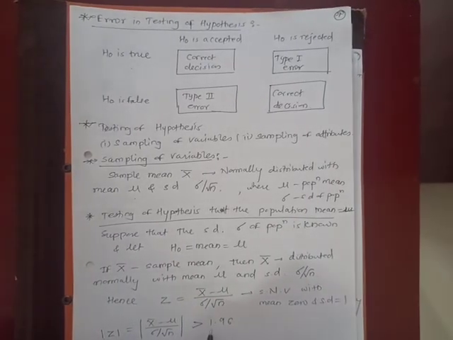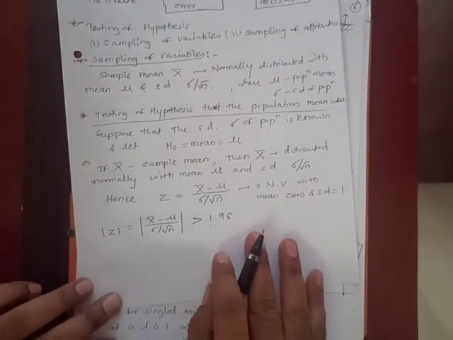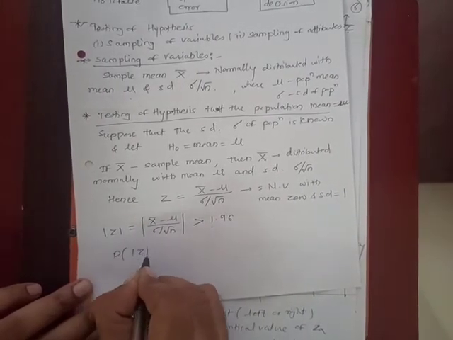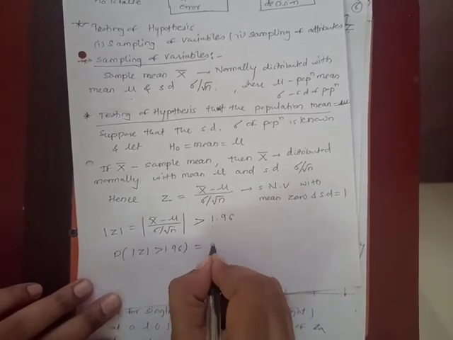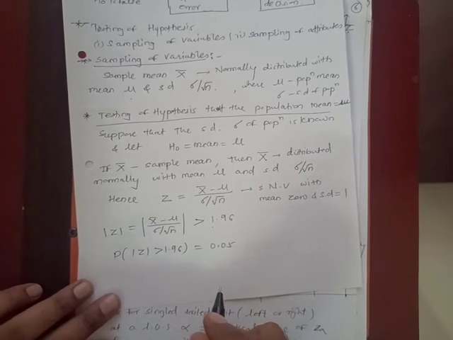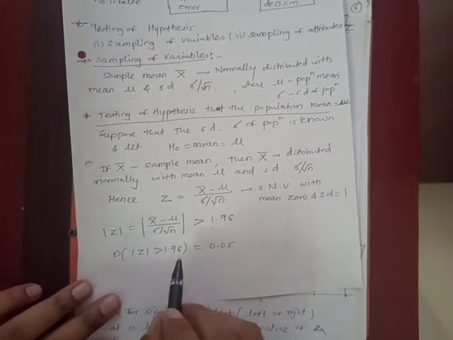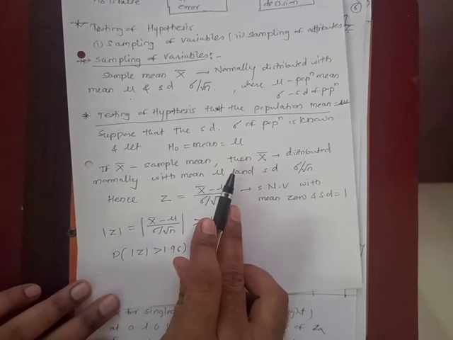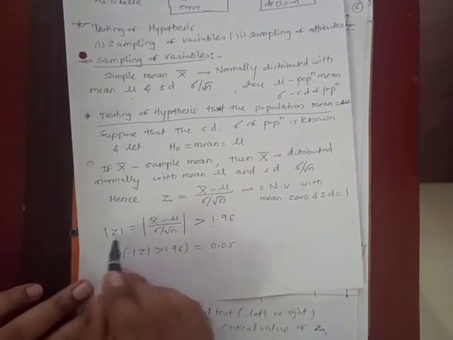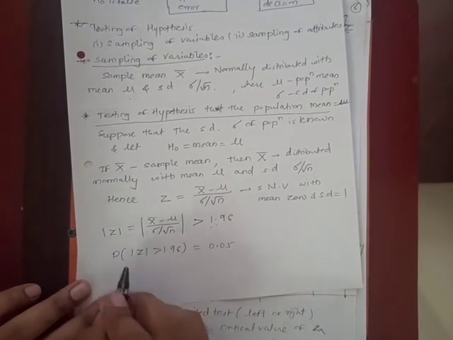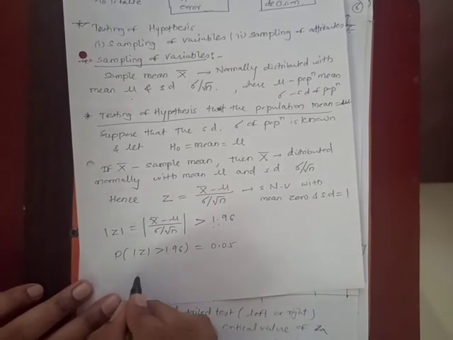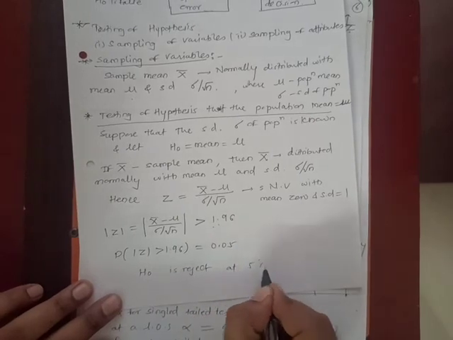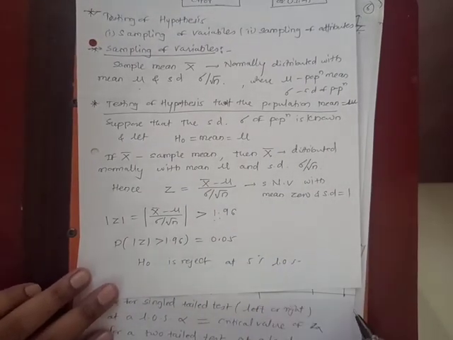From the table we can see that the probability of modulus z greater than 1.96 is nothing but 0.05, and therefore we say that the relative deviation of x bar from mu is significant and not due to sampling fluctuations alone. We therefore reject the null. If this value is greater than 1.96, then we reject the null hypothesis at 5% level of significance. Therefore you can write that H0 is rejected at 5% level of significance.